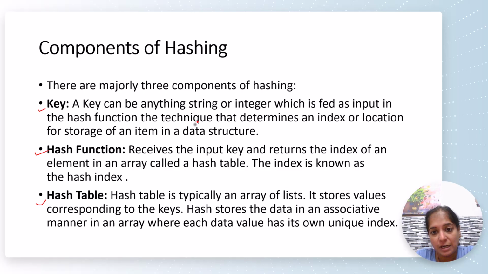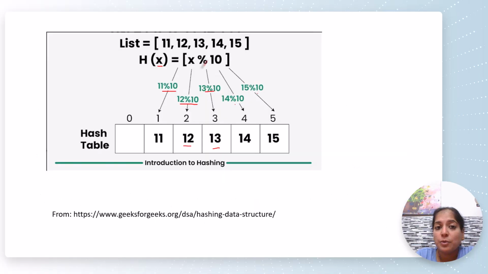It may be a string, an integer, an object, or any value which we want to store in our array. Here in this example, my keys are the integer values 11, 12, 13, 14 and 15, the values which we want to put in the array.